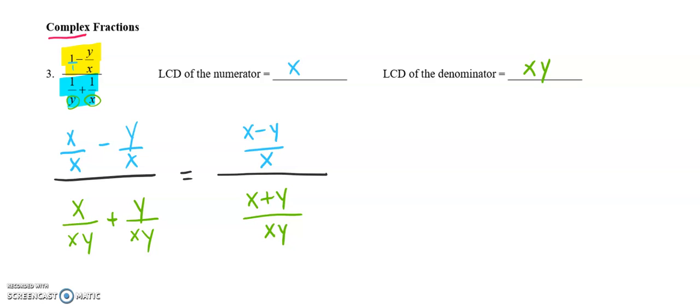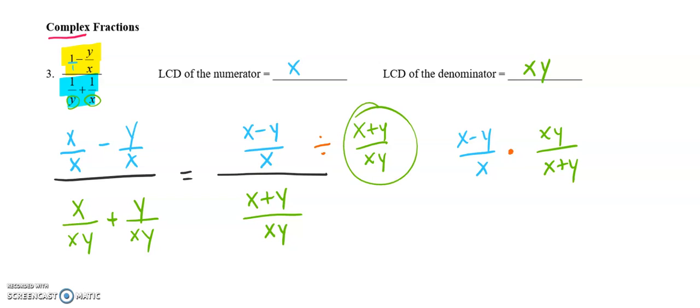Now this becomes like the ones that we did yesterday, where this is really the numerator divided by the denominator. Okay, just writing it sideways instead of vertically. So what does that really mean? That means we take the numerator and we multiply it by the reciprocal of the denominator.